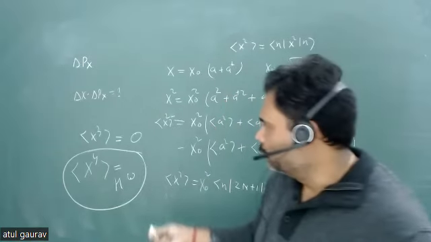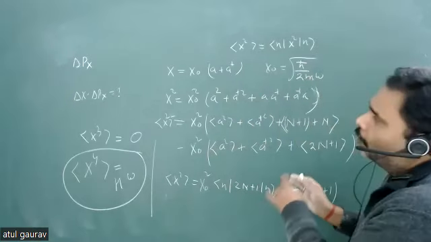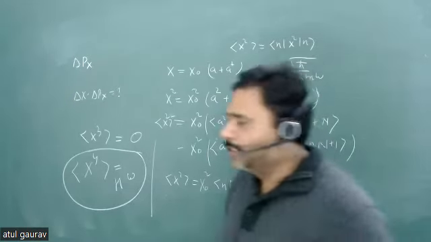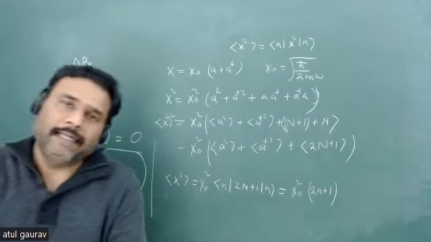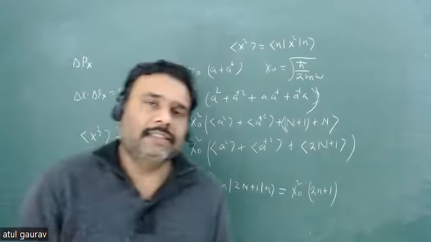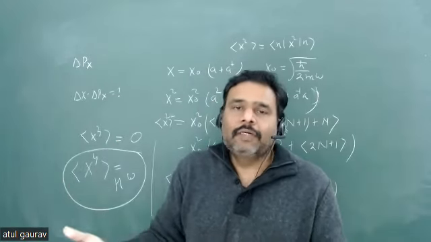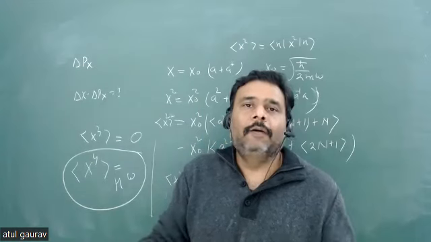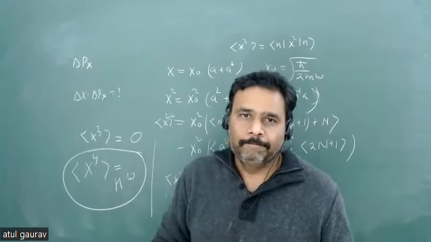I will stop this class today, and tomorrow we will try to do different types of problems using the operators, mainly A, A dagger, and n. Now you can see the functional form is not important for you.